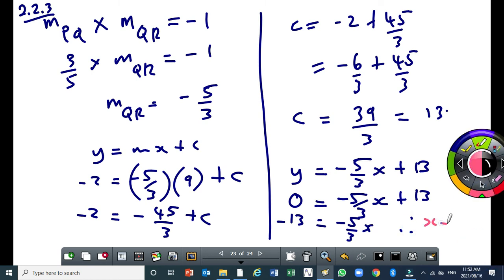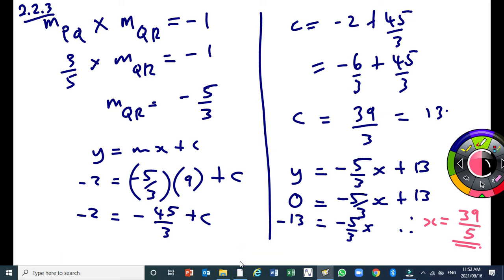No, you can't round it off. Okay, so the answer will be 39 over 5. Then you have to write your final answer in coordinate form. So that will be point S, x is 39 over 5, and y is 0.